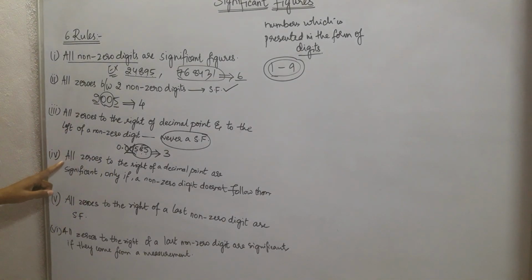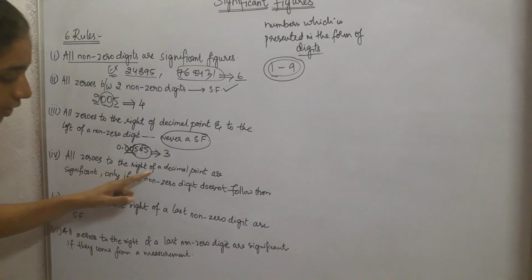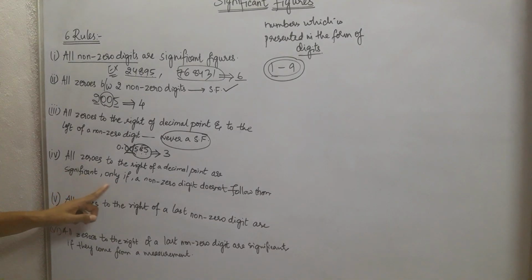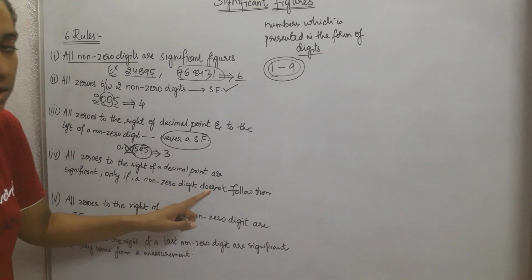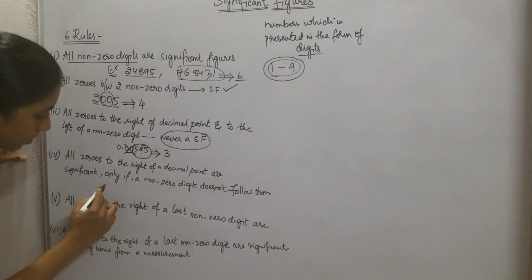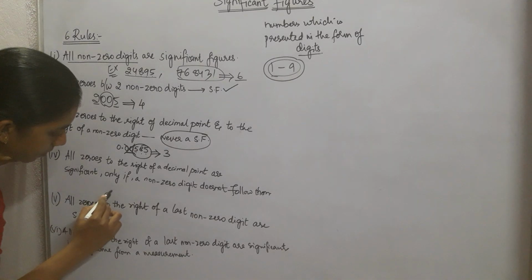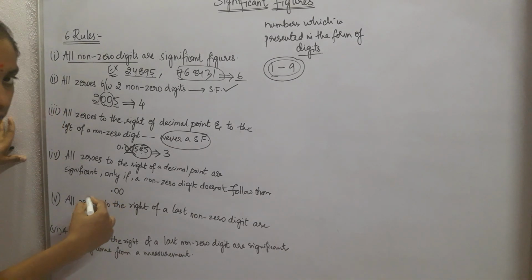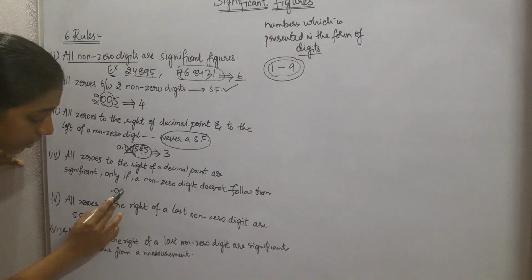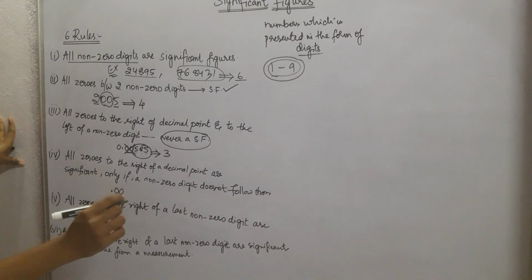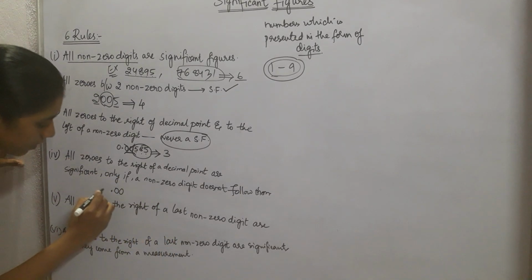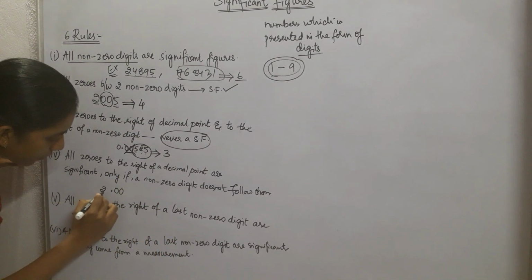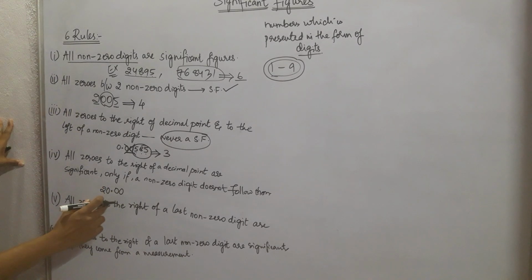Now the fourth rule says that all zeros to the right of a decimal point are significant only if a non-zero digit does not follow them. Again, we take zeros to the right of a decimal point, and they should not be followed by any non-zero digit. So we take 20.00.